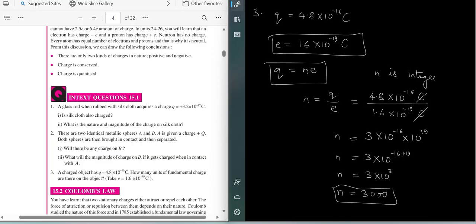So that means there are 3000 times the basic unit of charge. So how many units of fundamental charge are there on the object? 3000 fundamental units. Agreed? So in the next video, we will understand Coulomb's law and further aspects and concepts in this chapter.